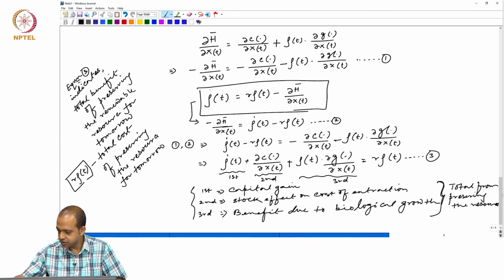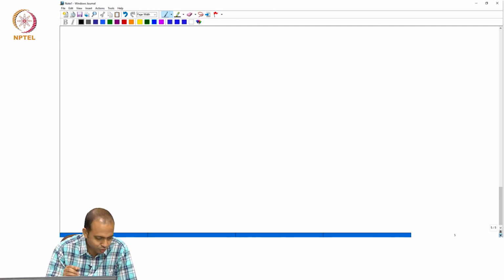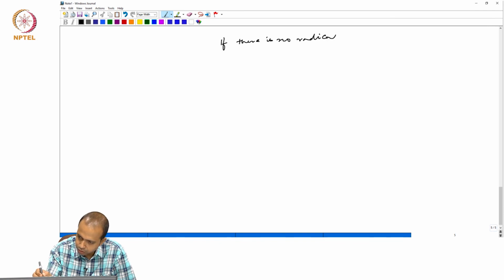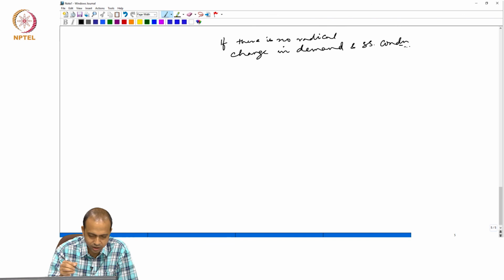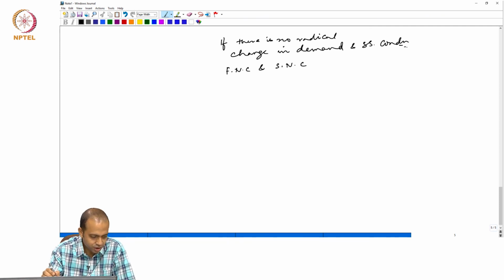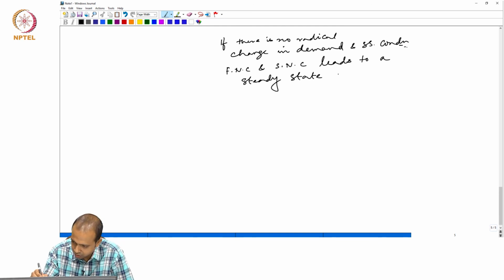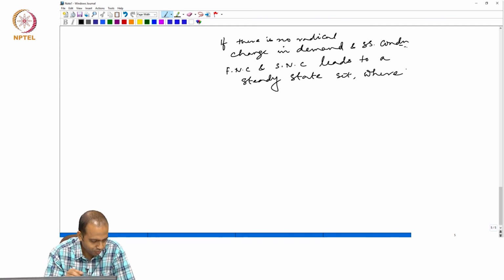So, at steady state, if there is no radical change in demand and supply condition, then first order necessary condition FNC and SNC, second order necessary condition, leads to a steady state situation where basically x dot t, growth of the stock, equals to 0.